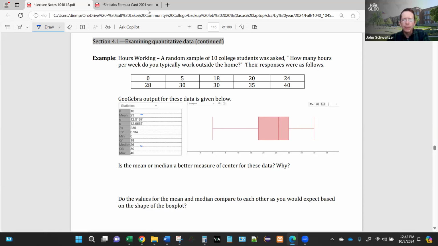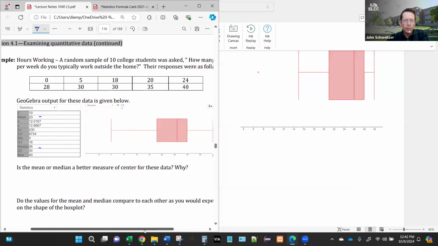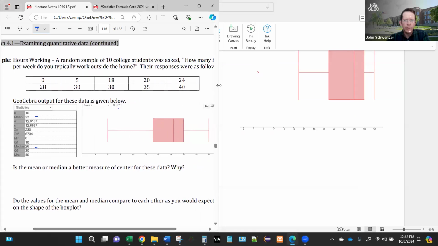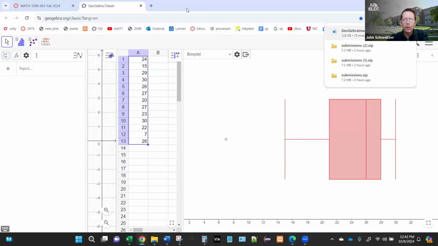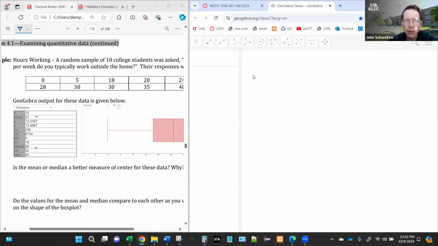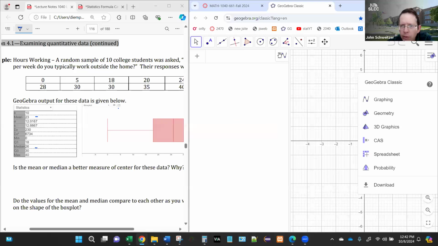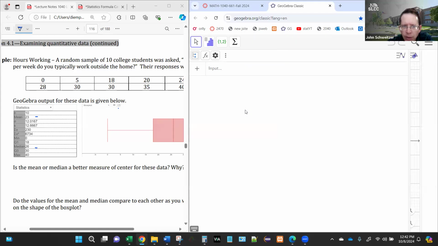So here's our data set, and we're going to pull this into GeoGebra. For GeoGebra to work, I'm going to just reset everything here. So we'll hit the toggle, the 3 dots, spreadsheet.